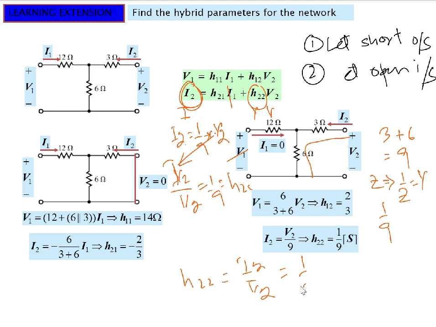And this is 1 over 9. We multiplied Y with V to get I2.